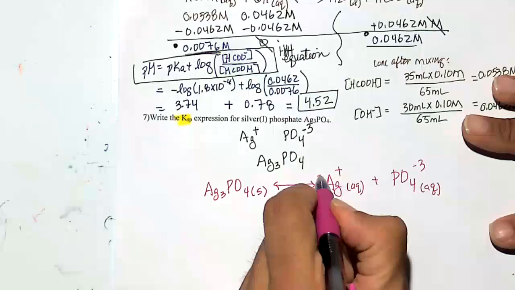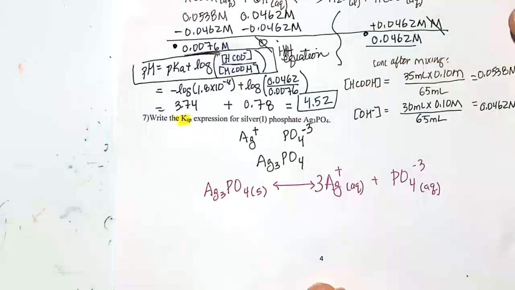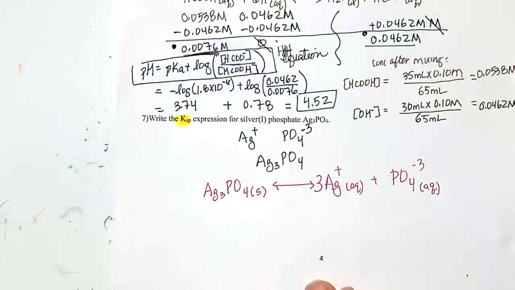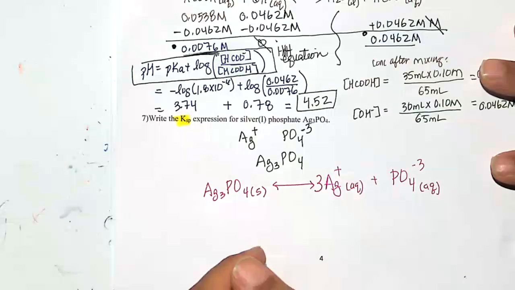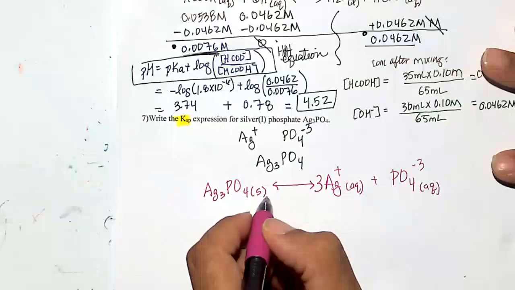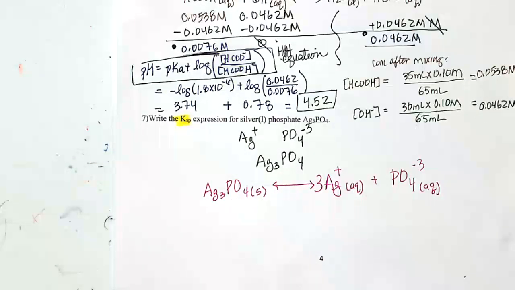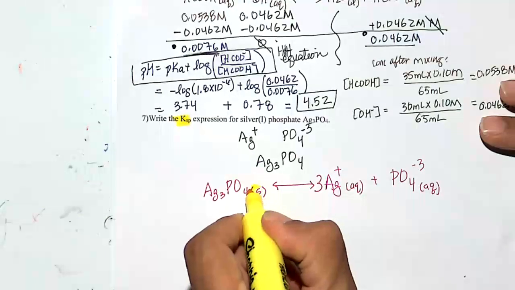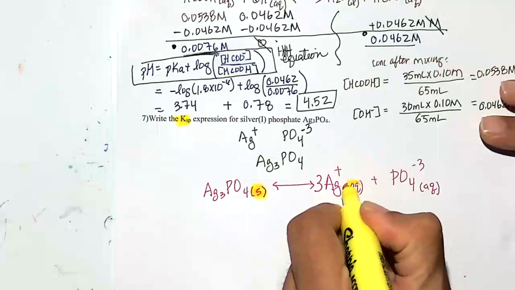We want to balance this. So that's one part of this answer. What's the second part of this answer? From this Ksp equation, don't forget to balance it and don't forget the states.